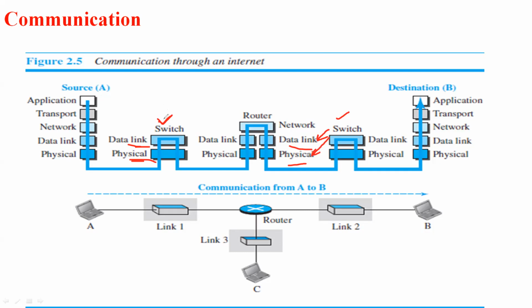So there are two different switches, each involved with one data link and one physical layer with respect to their logical connections, or the set of protocols needed. So this is how the communication takes place in the case of the TCP/IP protocol.